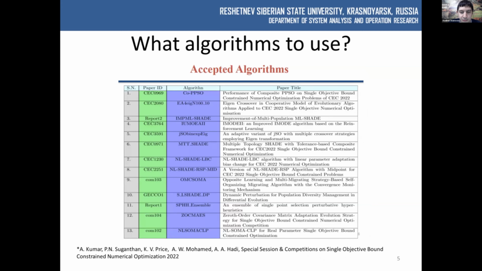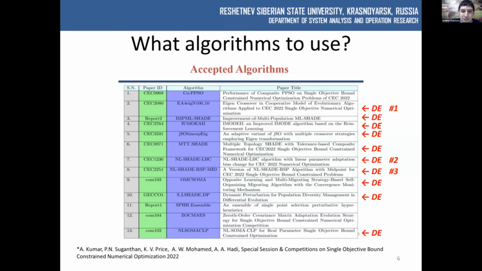If we look at one of the latest competitions on numerical optimization, this is from the Congress on Evolutionary Computation 2022, there were 13 algorithms for numerical optimization. So what are these? Actually, if you look closer, 10 out of 13 are variants of differential evolution, even if it doesn't say DE in the name of the paper.